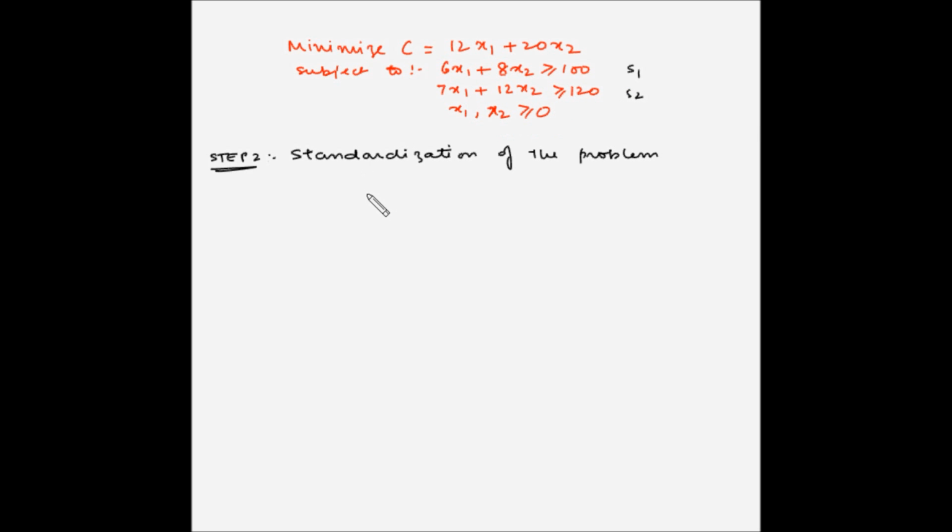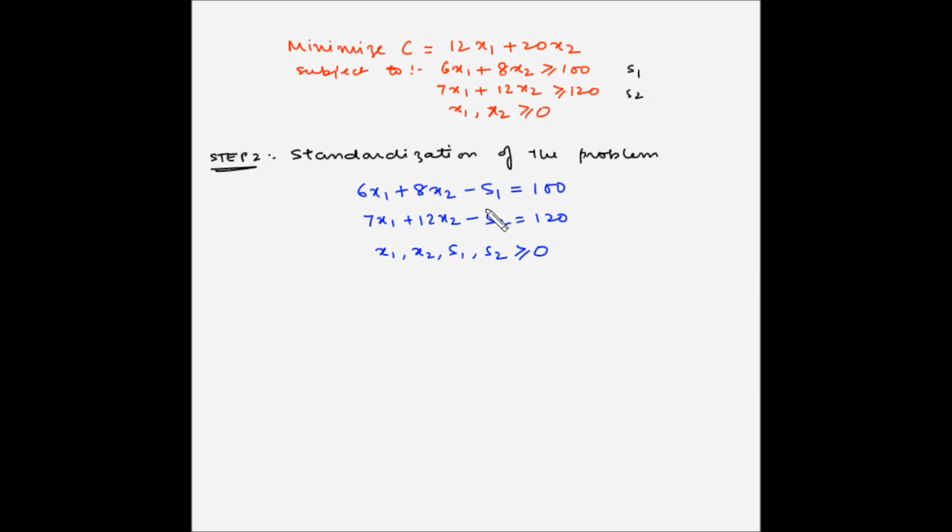So our constraints will become 6x1 plus 8x2 minus s1 is equal to 100, and 7x1 plus 12x2 minus s2 is equal to 120, and the variables should be greater than or equal to 0. So x1, x2, s1, s2 should be greater than or equal to 0.